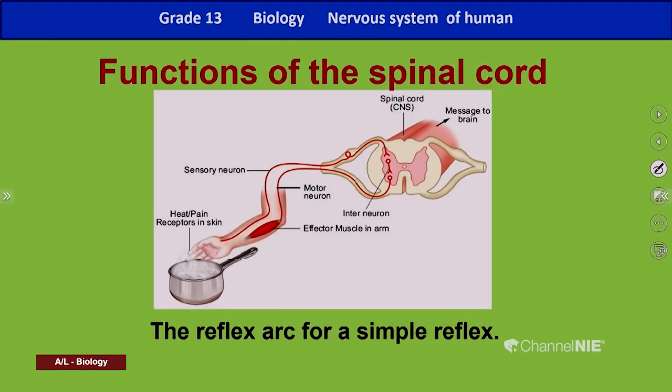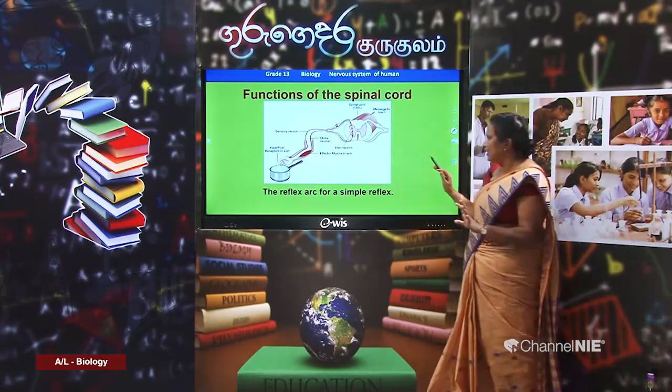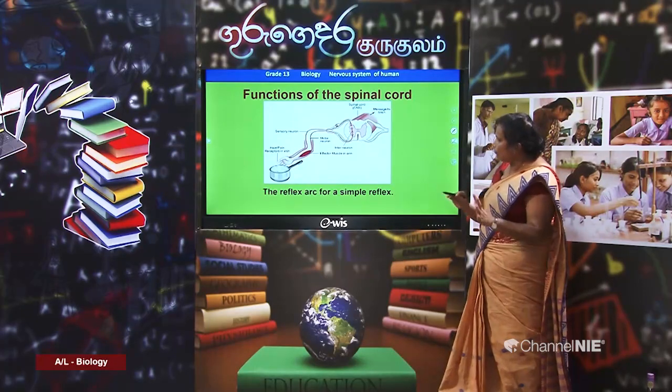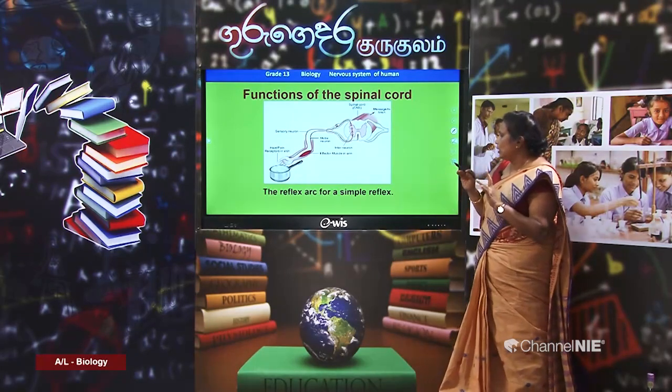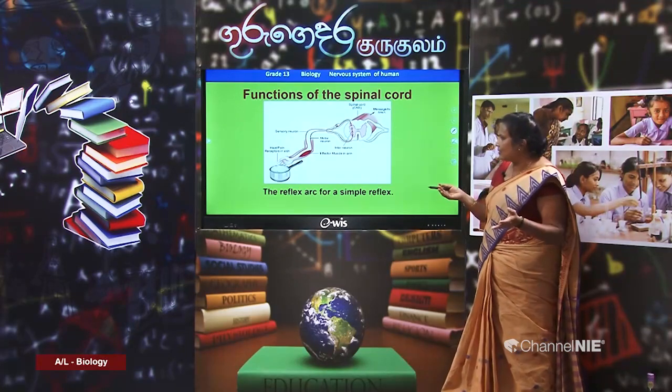One of the important functions is to transmit sensory impulses through the spinal cord into the brain. In this particular diagram, you can't actually see that. The second important function is to produce simple reflexes.